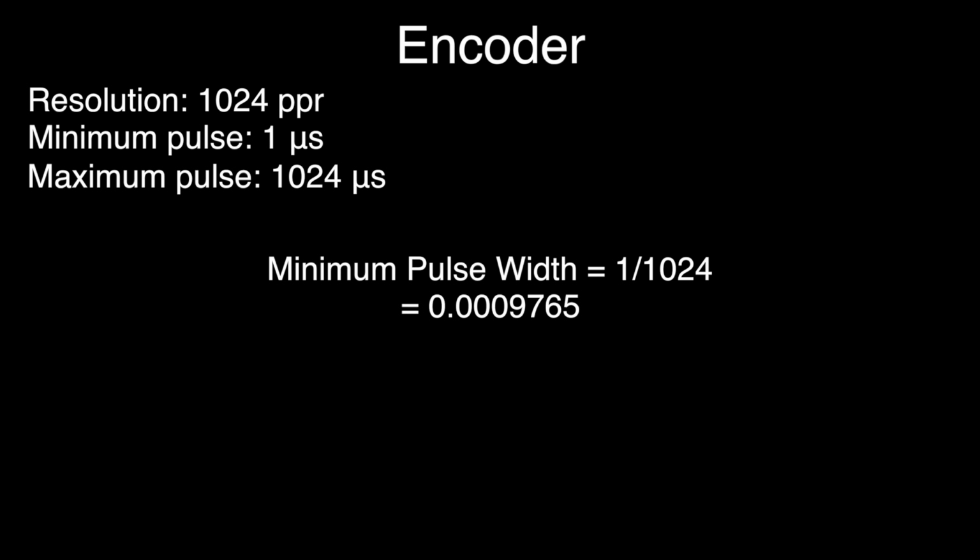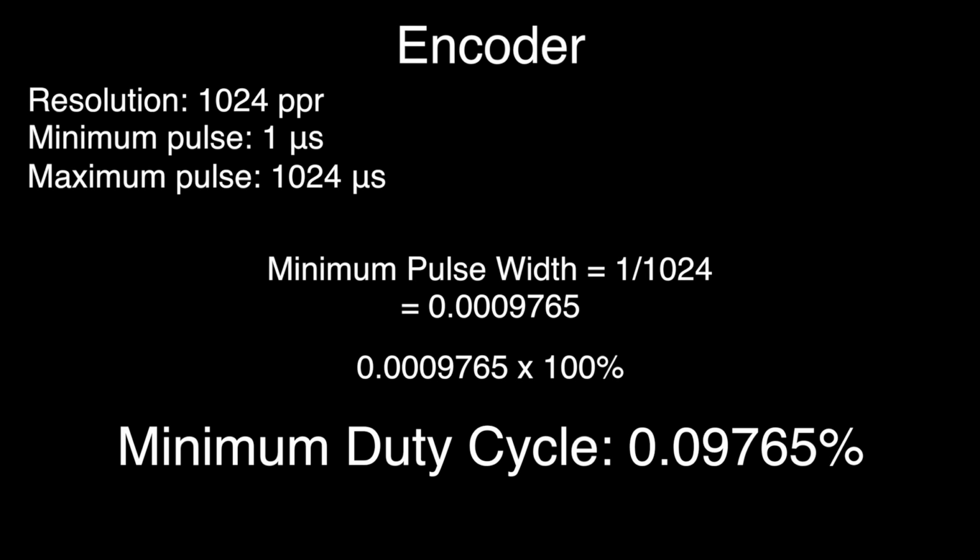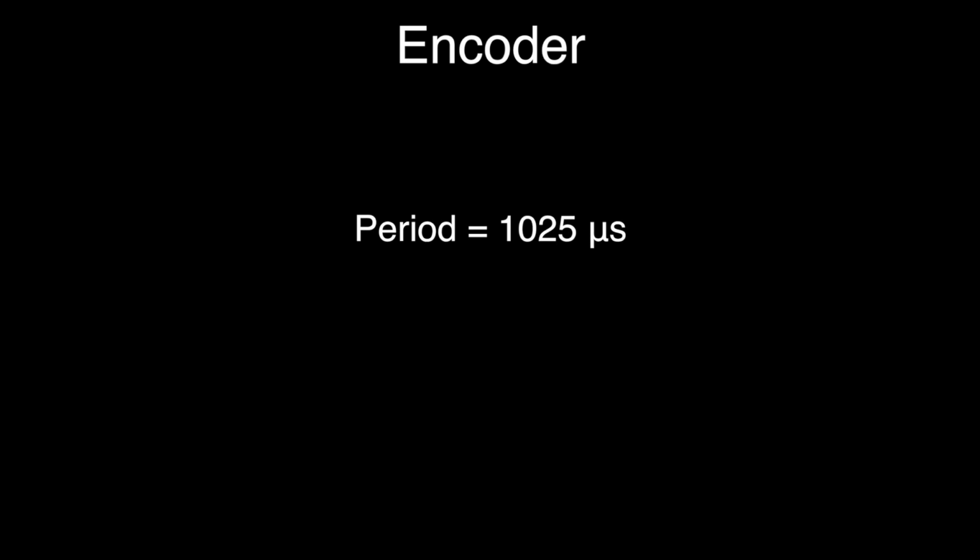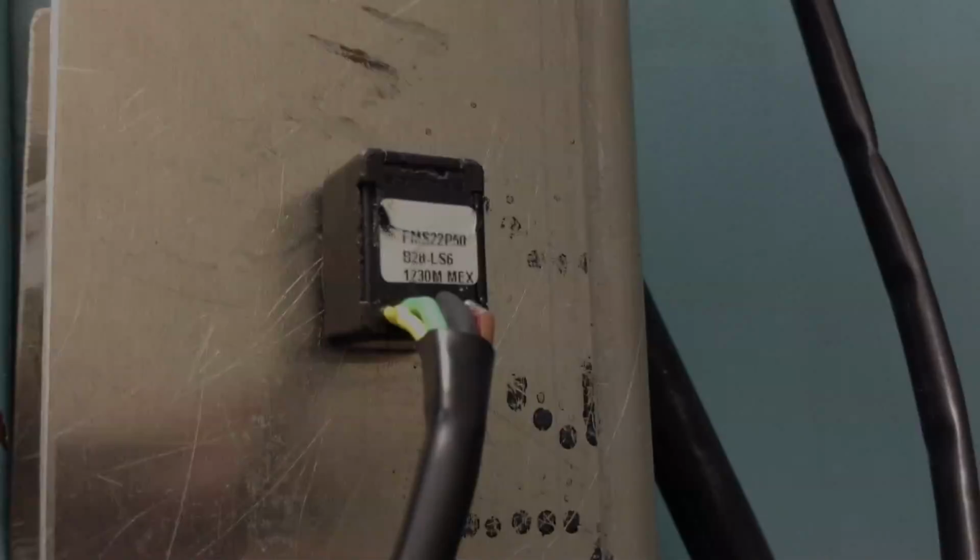That is equal to 0.0009765. Multiplying that by 100% will give the minimum duty cycle of 0.09765% for this sensor. The period of the signal is 1025 microseconds, and the frequency of the signal is calculated as the inverse of the period, that is 1 divided by 1025.